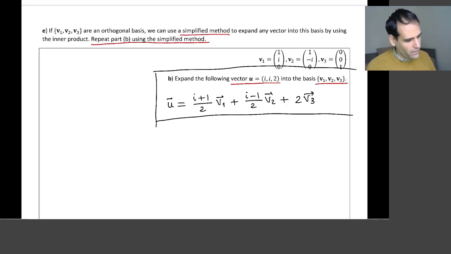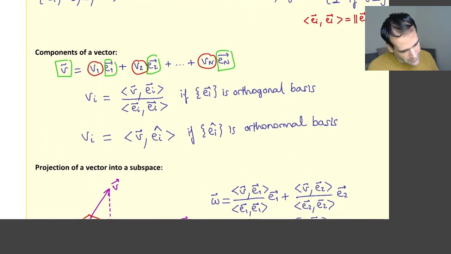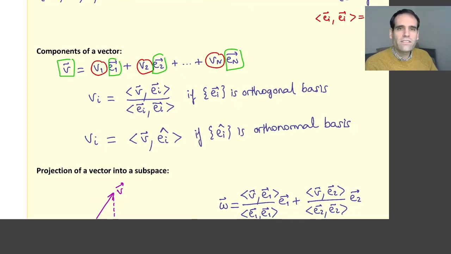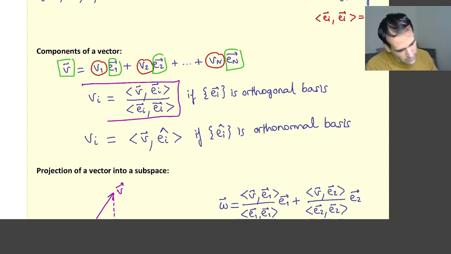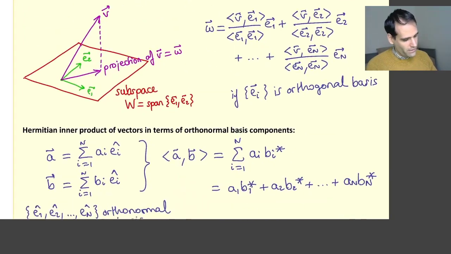Let's scroll up and look for that recipe. Here it is. So the components of a vector v in a basis e1, e2, and en. Each component vi is given by this equation here. The inner product of v with the vector of the basis divided by the inner product of the vector of the basis with itself. So let's apply that recipe to our case.